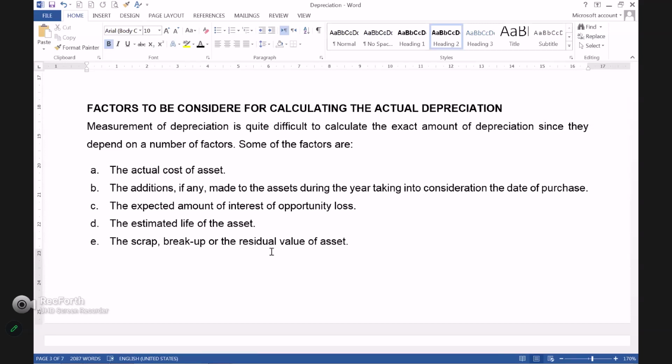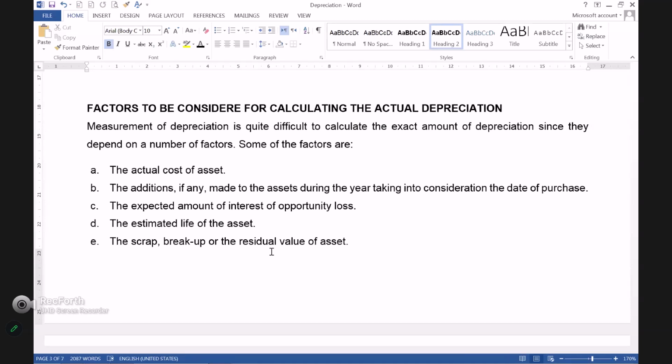What are the factors to be considered for calculating the actual depreciation? The actual cost of the asset. Cost means when you are acquiring the asset, how much cash or cash equivalent you have to pay. That is the actual cost of the asset. In addition, any addition made to the asset during the year, taking into consideration the date of purchase.